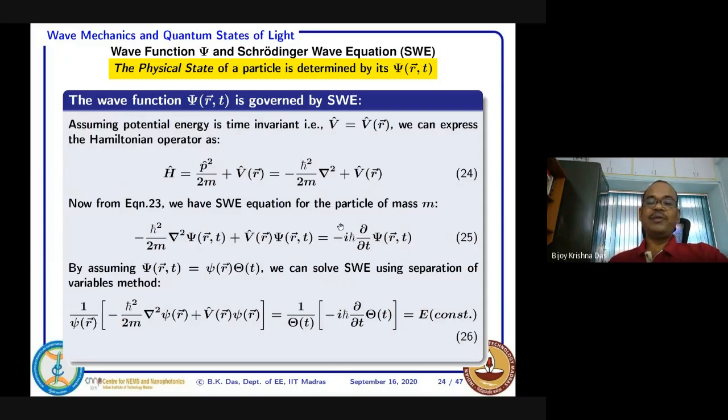And this type of equation, I think we have gone through many problems like this. You can solve it by separation of variables. You can imagine psi(r,t) is a function of r, psi(r), multiplied by a function of t, theta(t).